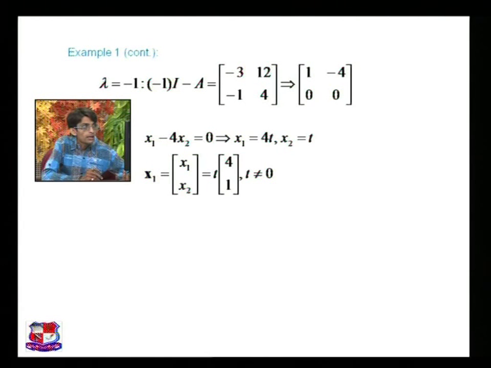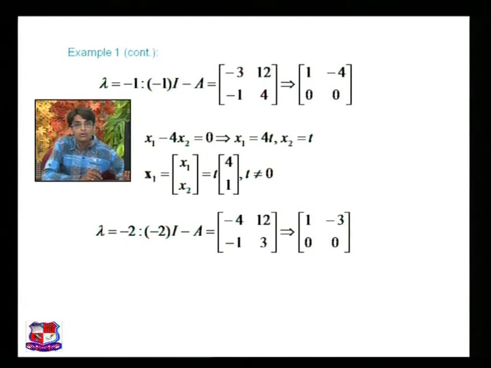And in the same way for the second eigenvalue lambda equal to minus 2, we can find the eigenvector x2 is equal to 3 1. Okay, so in this way we can find the values of the eigenvector.